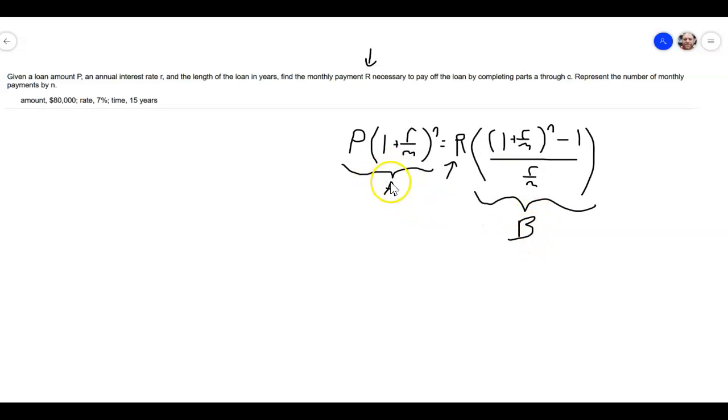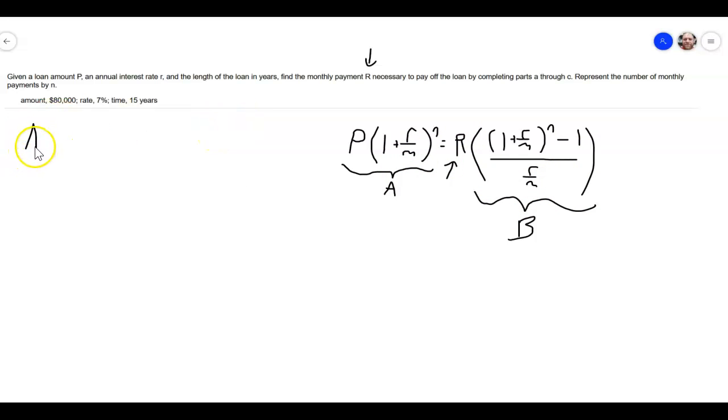So if we find this value and then we find this value, and then you just divide this entire side by B, then R is really just A divided by B, because R is just going to be this side divided by this side. So that's what we're going to do. First, we're going to find A, and then we're going to find whatever value B is, and then we're just going to divide A by B, and that'll be our R. So that's our process here.